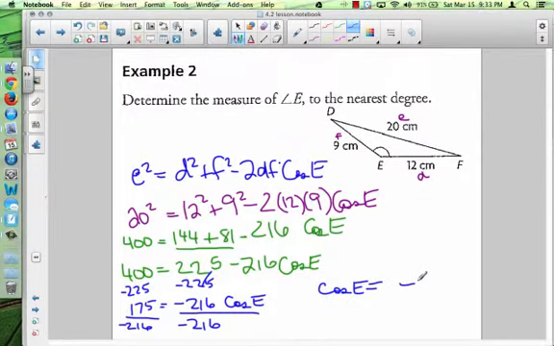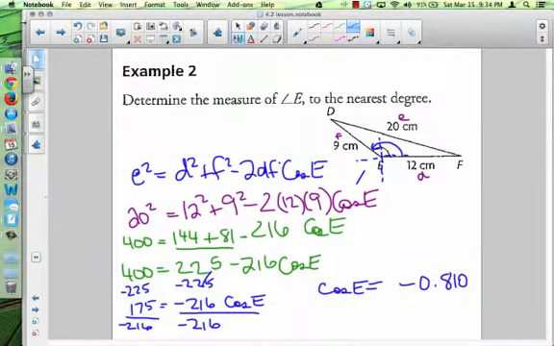Now, it's negative. Does that make sense? Are cos angles in quadrant 2 negative? Yes, they are. So that makes sense. If cosine's negative, it means it's an obtuse angle that ends up in the second quadrant.